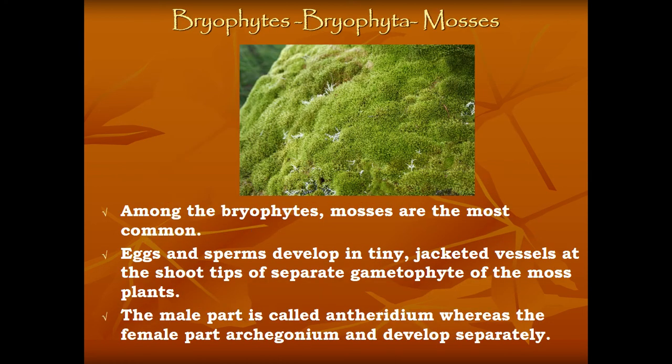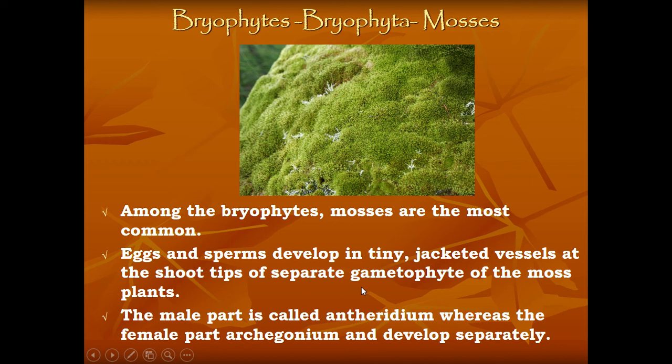So the first phylum of the bryophyte groups is mosses, also known as phylum Bryophyta, and they have eggs and sperm that develop in tiny jacket vessels at the shoot tip of separate gametophytes of the moss plant.